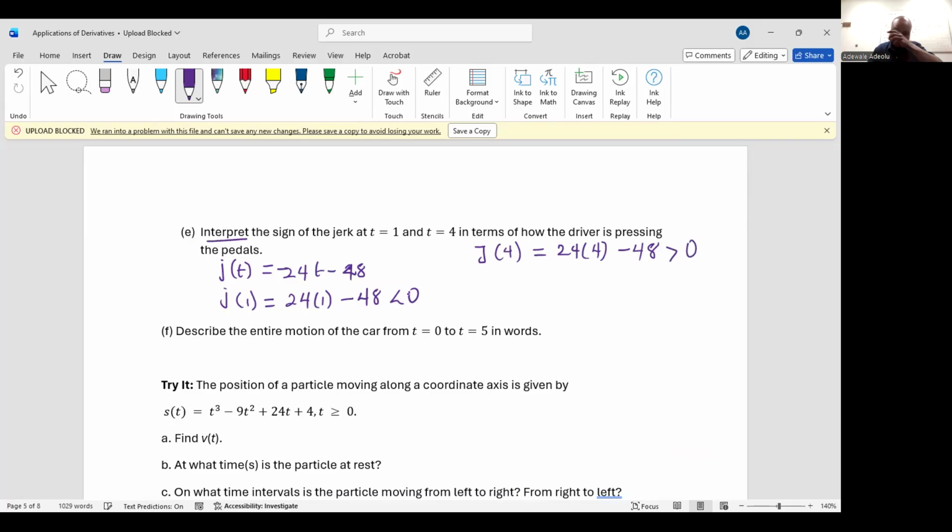So interpret it. What interpretation can we give this? Well, at time t equals 1, since it is negative, because jerk is negative, you can claim that the driver suddenly applies brake.